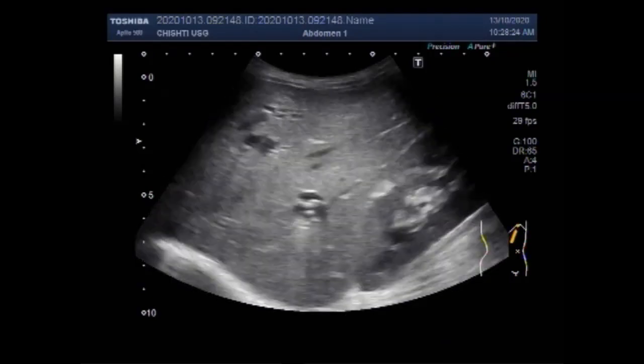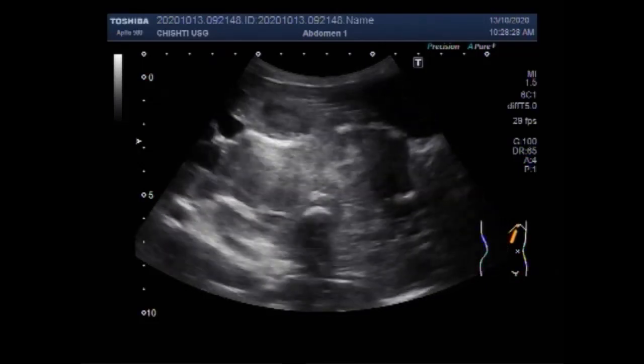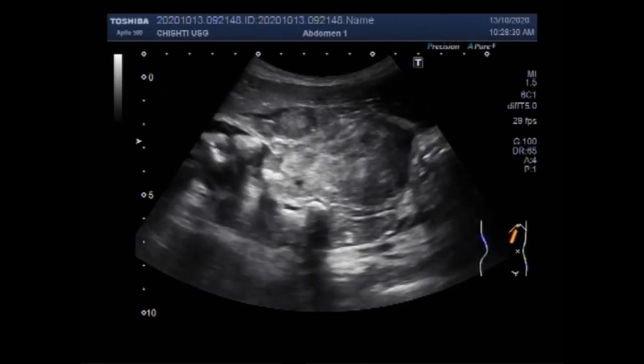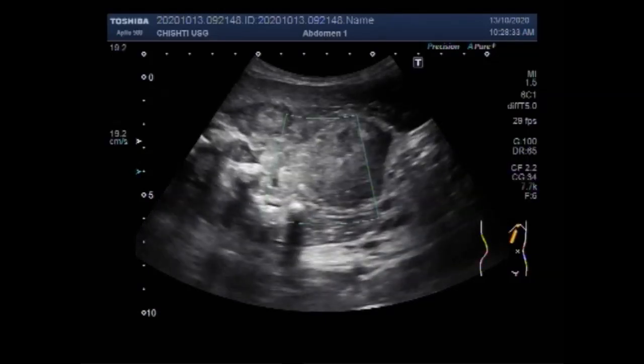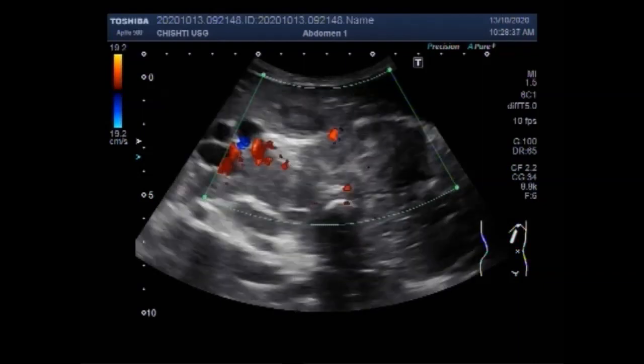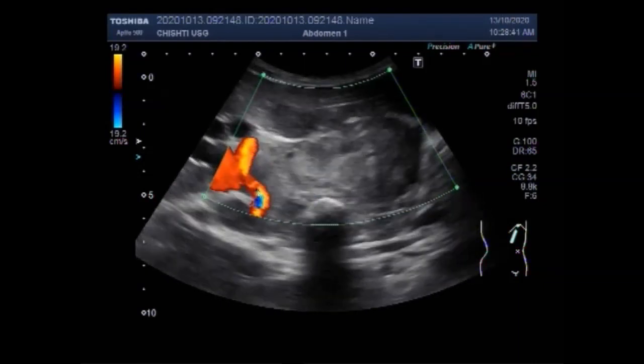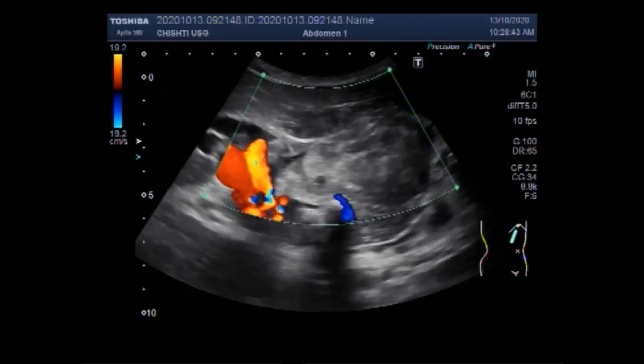Intraoperative ultrasound and pathological examination are all methods that are of uncertain accuracy in detecting very small lesions. Now you can see significant blood flow in this hepatic mass.